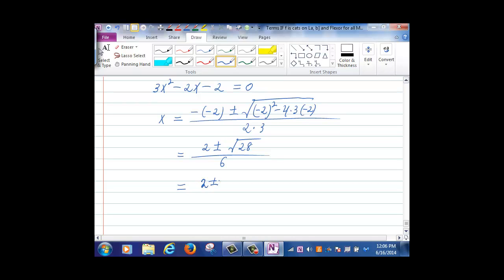Plus or minus 28 is the same as 4 times 7, right? So I get 2 times root 7, divided by 6. You guys agree with that? 28 is 4 times 7, and root of 4 is 2. So that's why I have that. And this is the same as 1 plus or minus root 7 divided by 3.